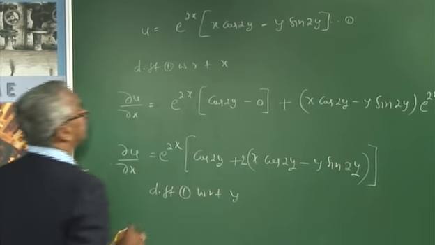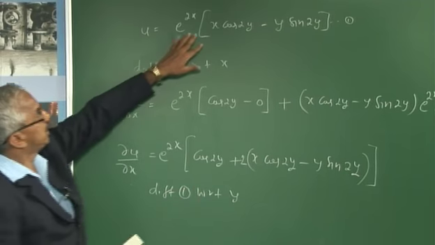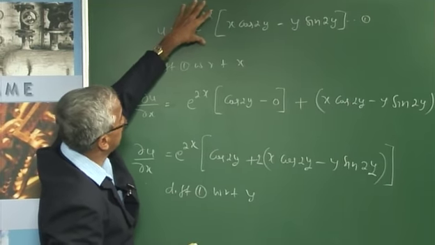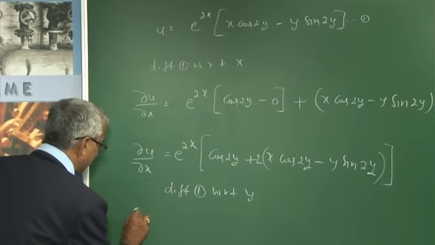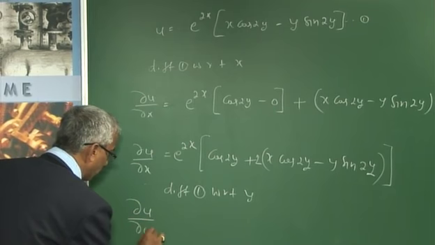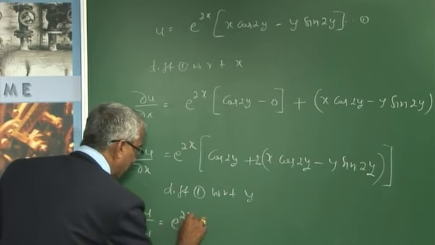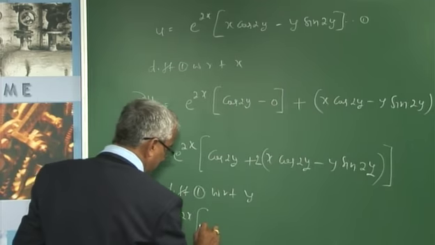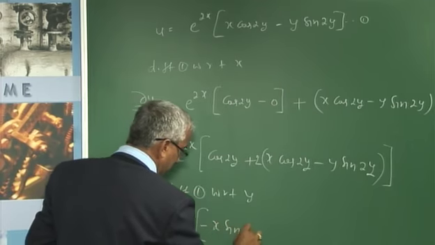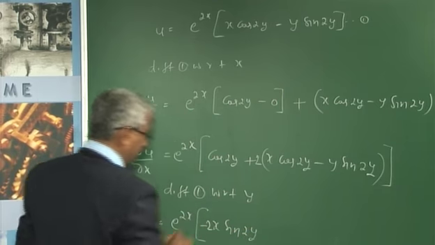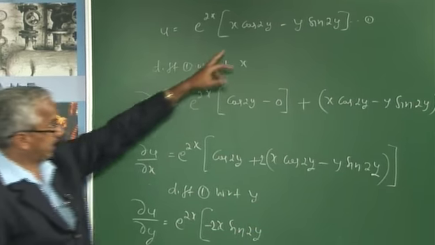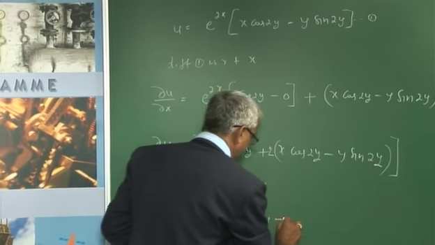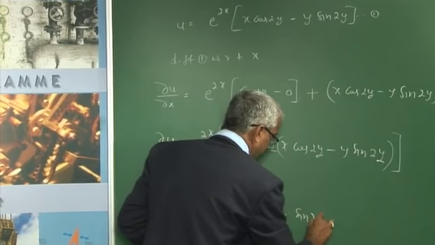And differentiate again with respect to y. With respect to y, you see that e power 2x is a function of x, and therefore it is constant with respect to y. So dou u by dou y is equal to e power 2x times: x is constant, and the derivative of cos 2y is minus 2 sin 2y, so x into minus 2 sin 2y.